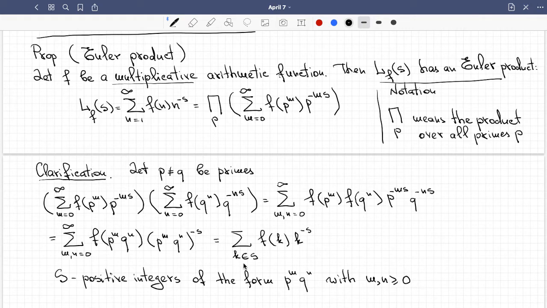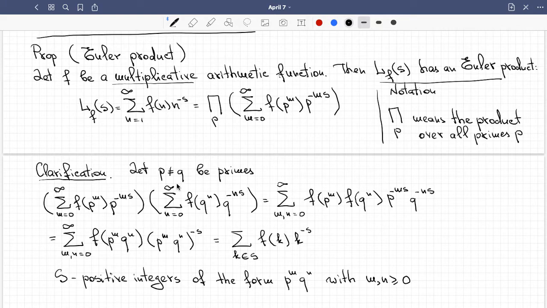So here the summation takes place over all positive integers, which decompose into a product of powers of our two primes p and q.